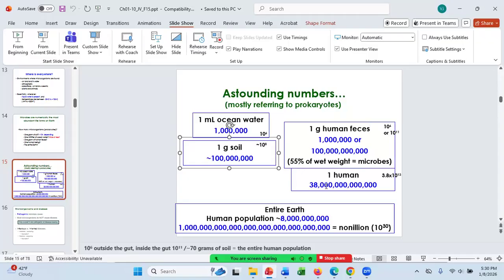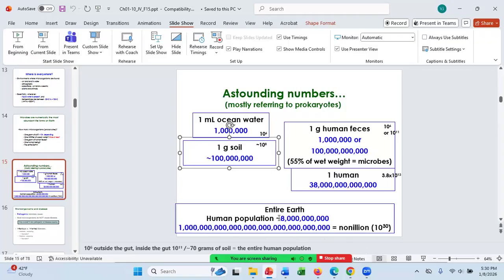On a human, you've got about 3.8 times 10 to the 13th cells. In the entire Earth, we have 1 nonillion. That's 1 with 30 zeros after it, or 1 times 10 to the 30th. For comparison, the human population is around 8 billion.